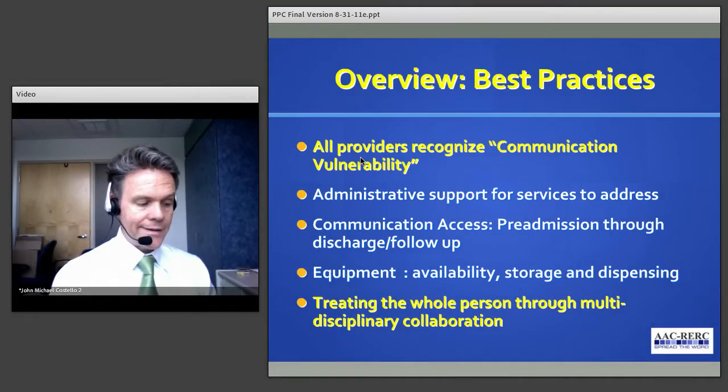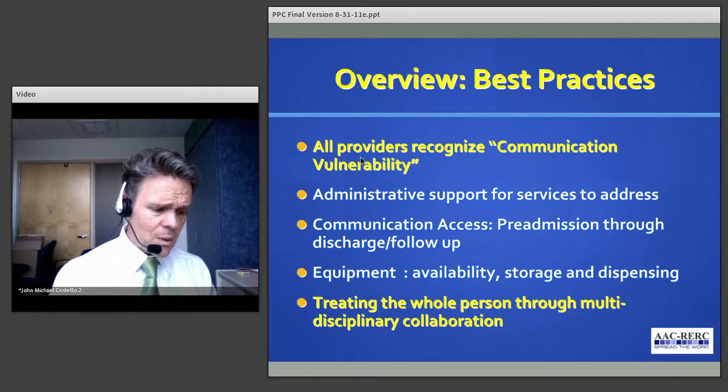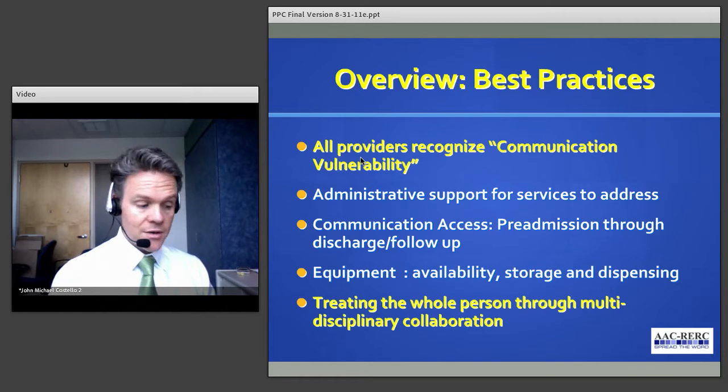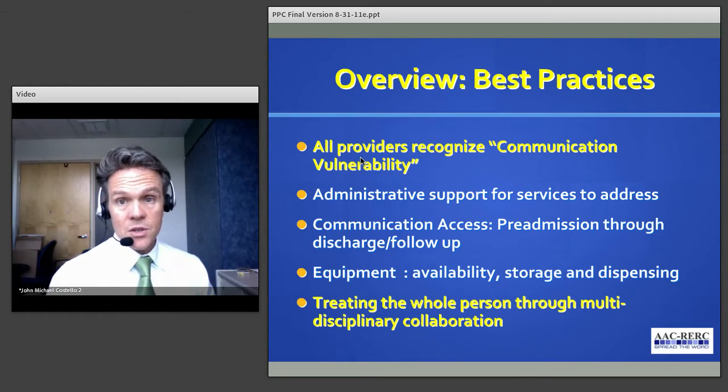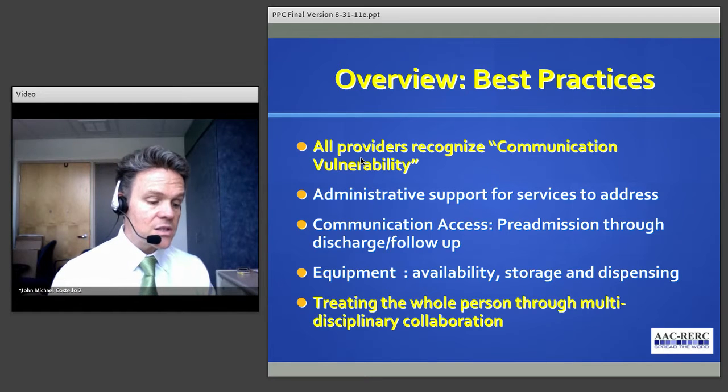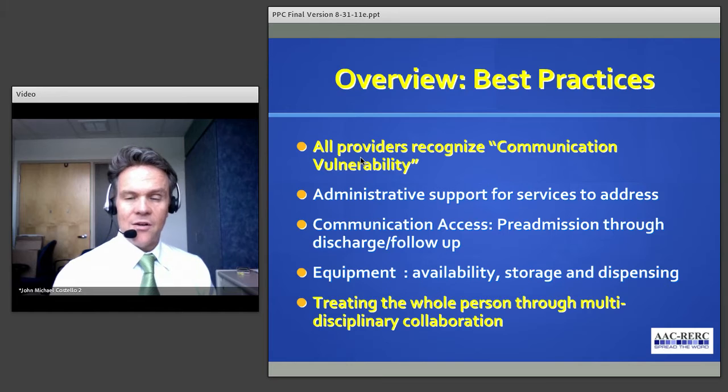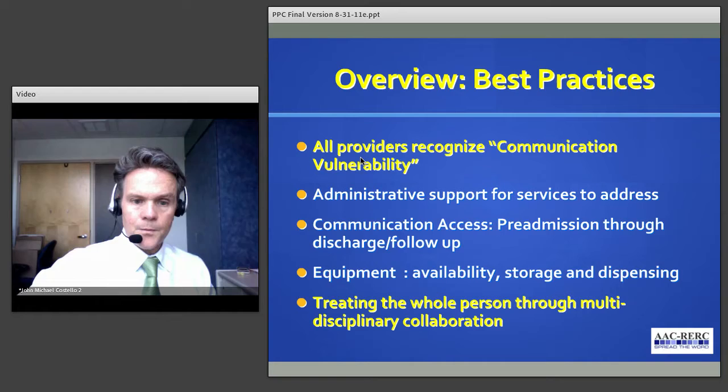Whether it is with a clinical assistant, someone who might be helping a person reposition in bed, or someone from the dietary department who's taking a menu order, or with the chief of surgery who is discussing a surgical intervention, it requires that every team member be on board with recognizing that a patient as a person and as a valued partner in communication and decision making must have access to communication at all times.